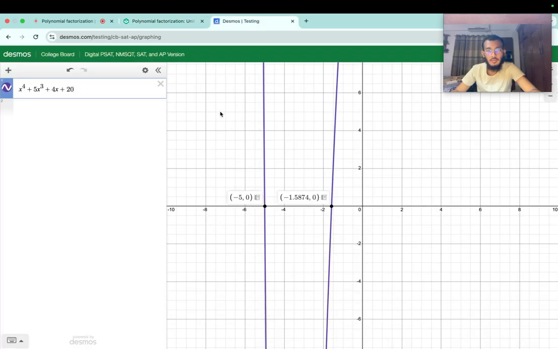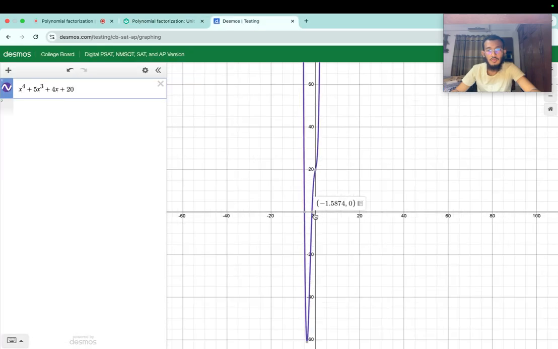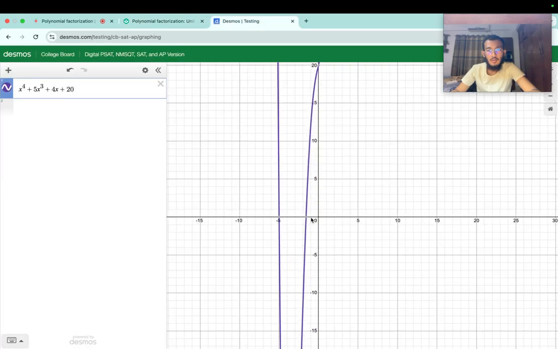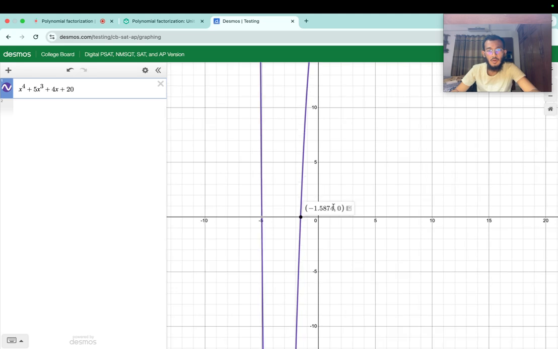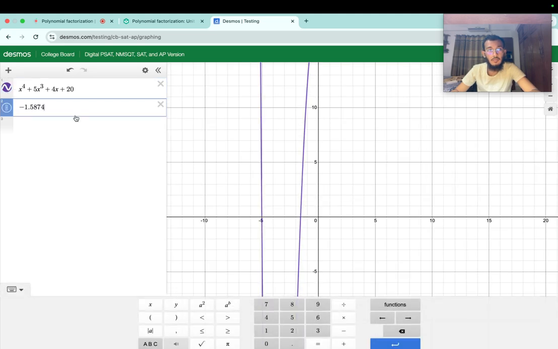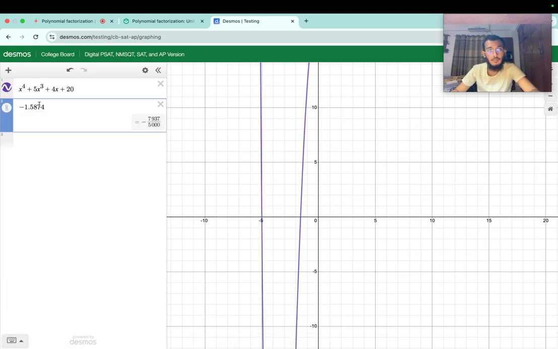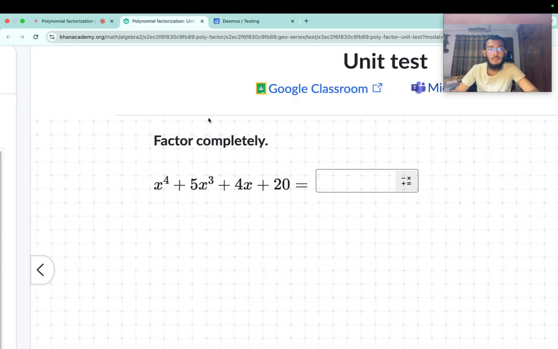So we have these two roots. So what are they? Difficult. I have to factor completely.